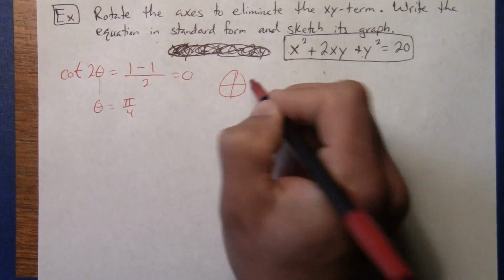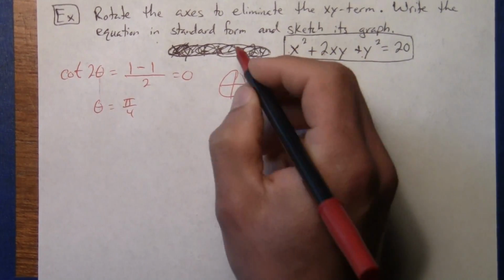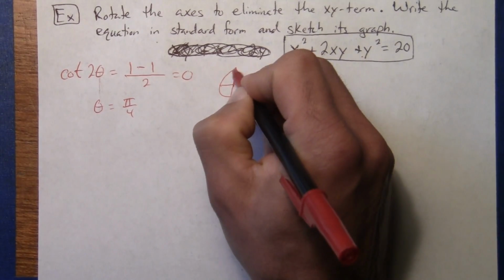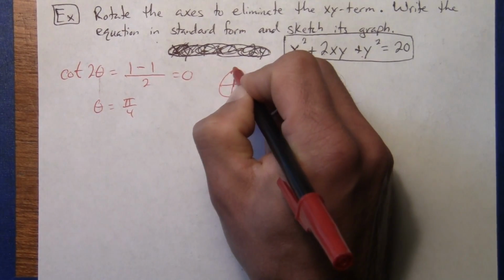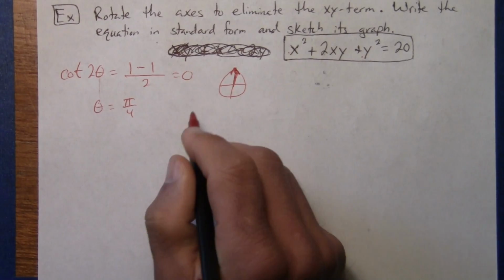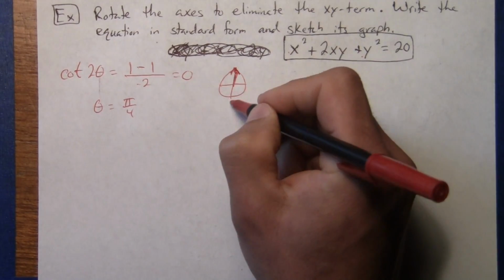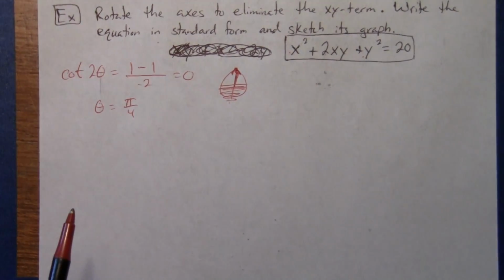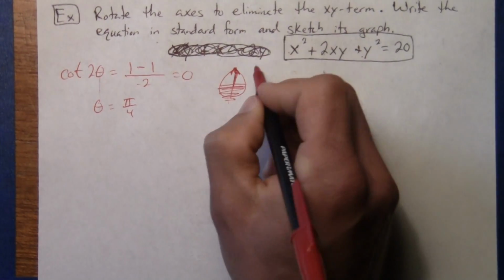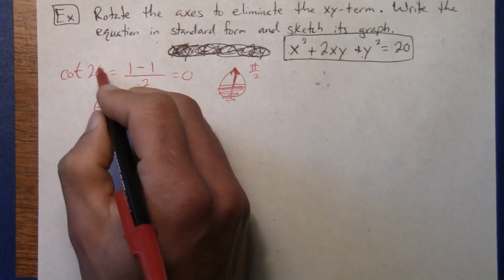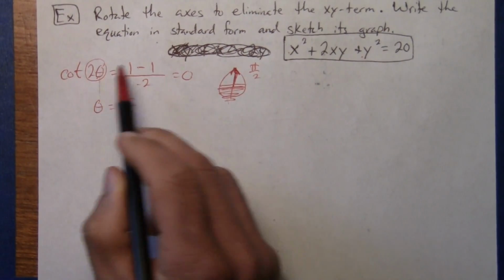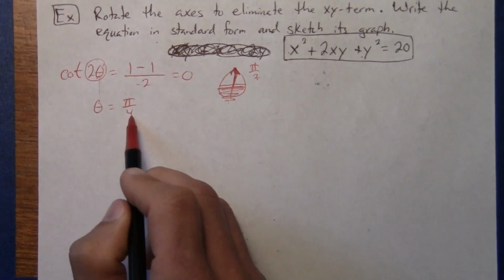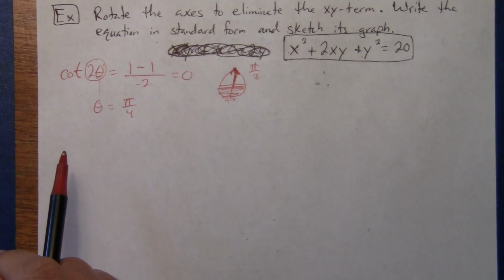Again, if you look at your unit circle, in terms of where is the cotangent equal to 0, you'll see tomorrow but we always say that the y value is positive. So even if this was a negative 2 and you'd say, well, no, it's actually down here, that's not the case. We're restricted to be up in the top 2 quadrants. So I know that this is at pi over 2. Well, that means that 2 theta has to equal pi over 2, which means theta equals pi over 4.